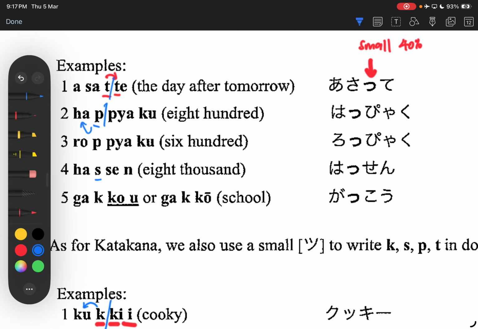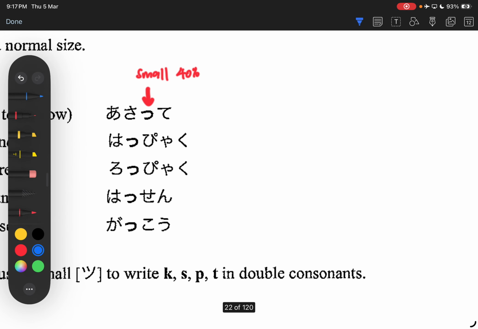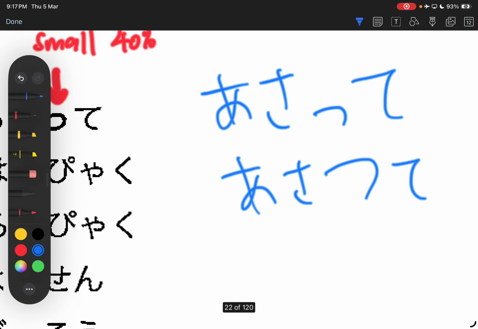It is 40% size of everything else. Usually how I write it out is sa te, very obvious, versus sa te. My tsu size is very obvious, whether it's a small one or a big one. So you must differentiate yourself also.